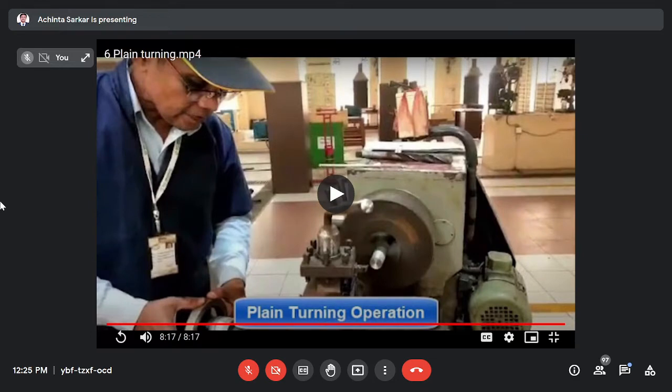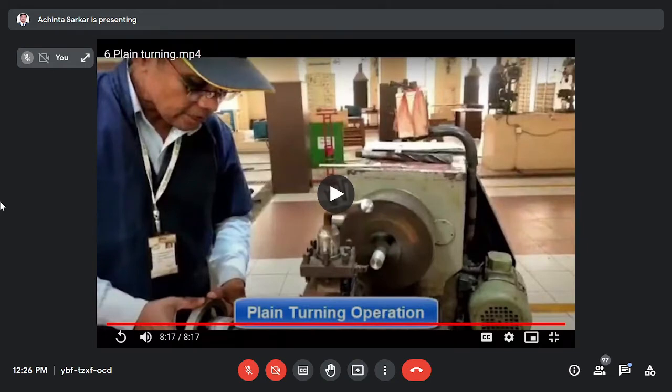So by plane turning, what can we do? What changes can be made in the workpiece? To reduce the diameter. Yes, we can reduce the diameter by the plane turning operation.